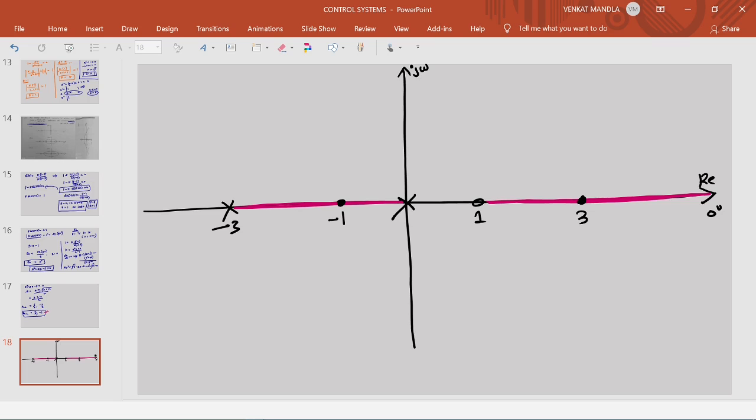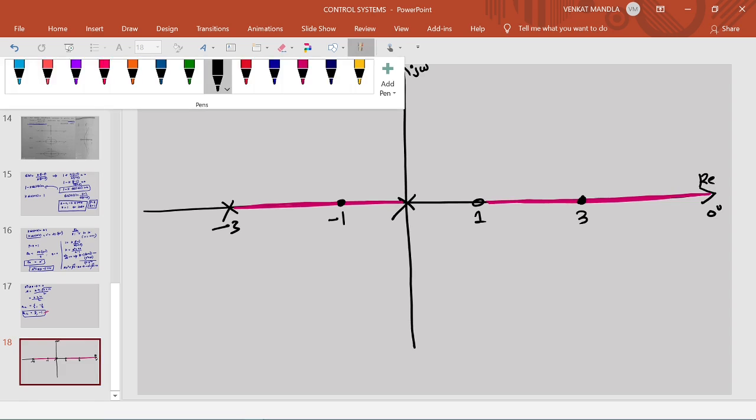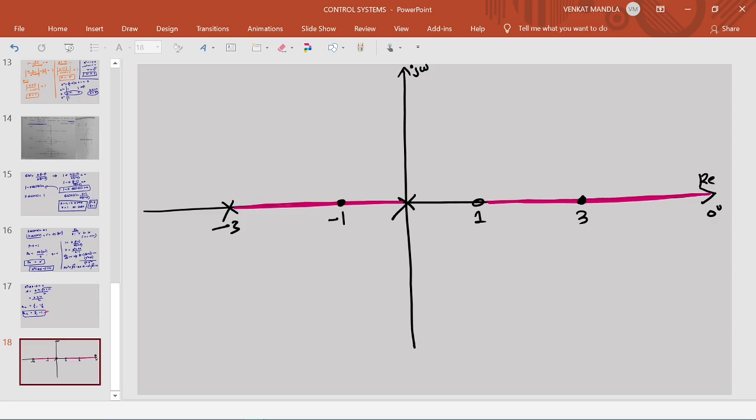Why? Because they are lying on the root locus plot. Now with this information I will draw the root locus plot. Two poles exist and a breakaway point exists between these two poles, and the root locus starts at the open loop poles.